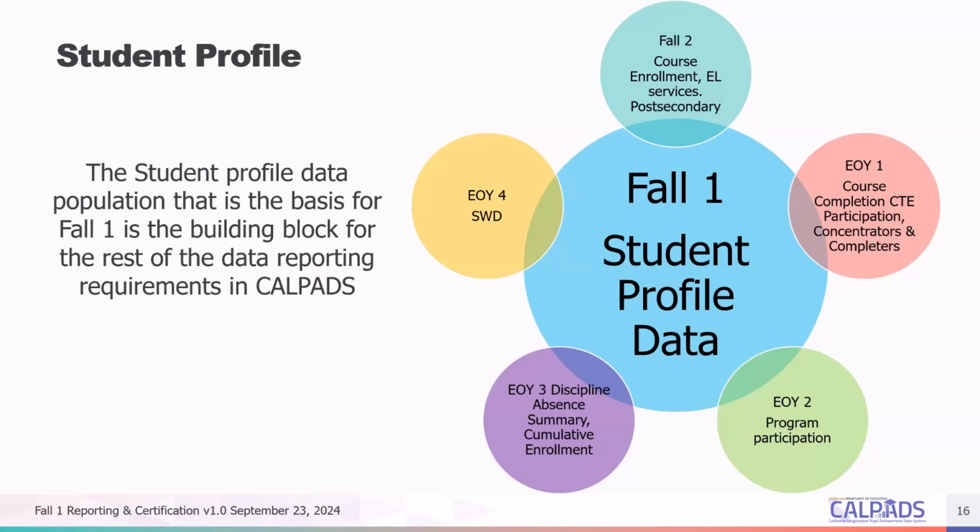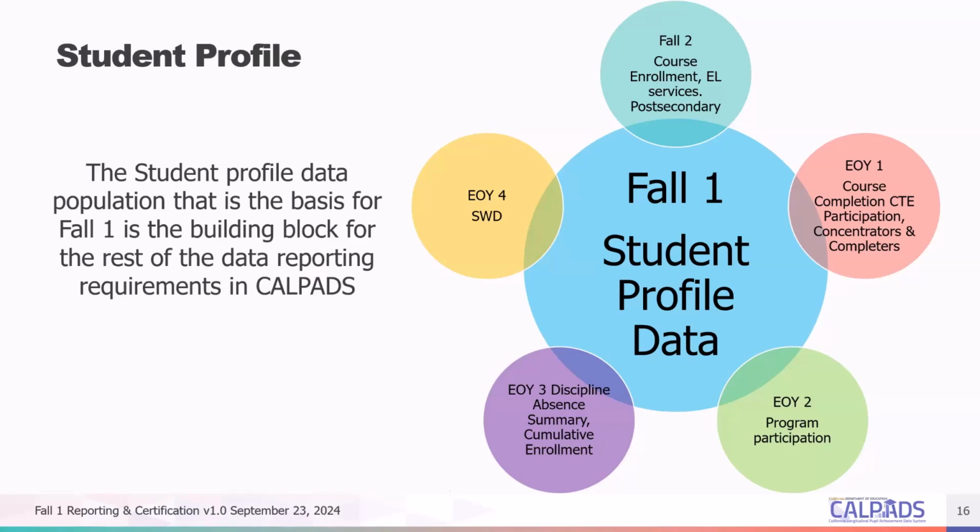And the end of year 3, of course, you know, your discipline, absence summary, and cumulative enrollment, you're going to definitely need the demographic information for discipline. There's disproportionality in discipline. So in addition to racial disproportionality, the students with disabilities have a disproportionality in discipline that will be identified.